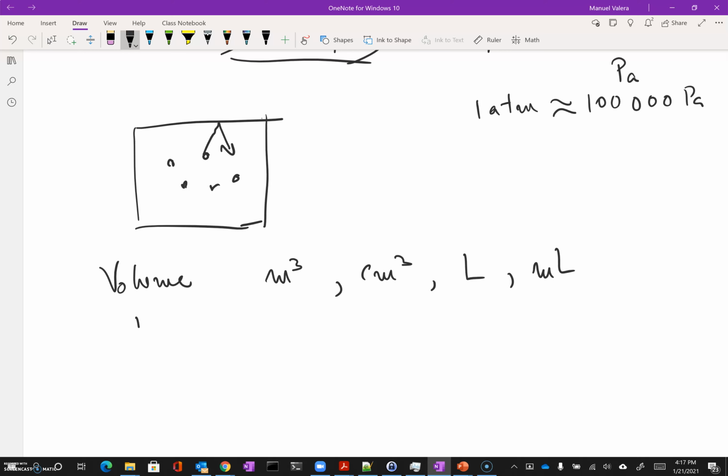So 1 meter cube is roughly 10 to the 6 centimeter cube, and 1 liter is 1000 milliliters, which is 1000 centimeter cubes. Those are units that is nice to have an idea about and to remember, but at least you should have an intuition.